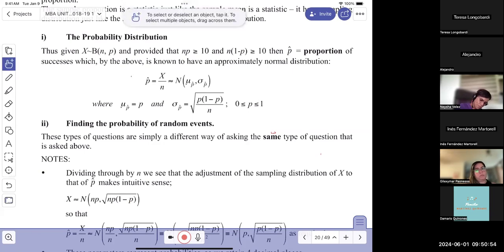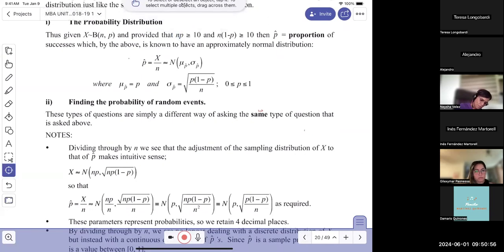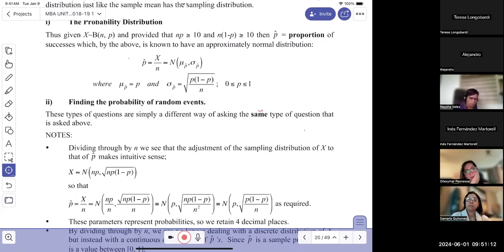And then what I'm going to do, if I can divide X by n to get p hat, can I just divide the mean by n and the standard deviation by n? Well, the rules of means and variances said yes, they told us that. So part of what we learned when we talked about that, but don't worry if you don't get it immediately.